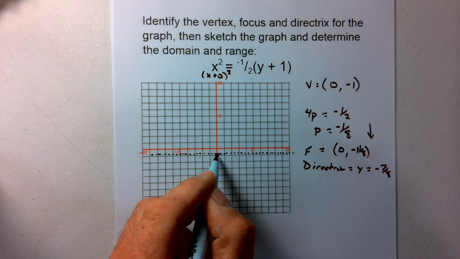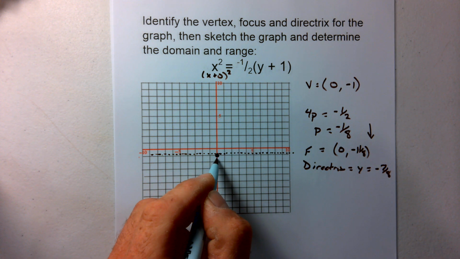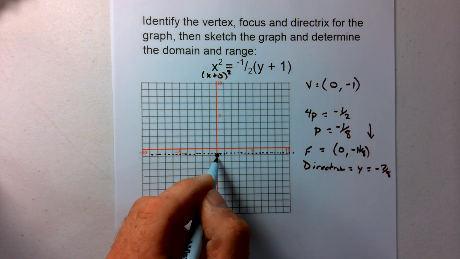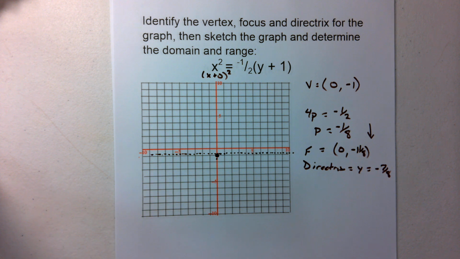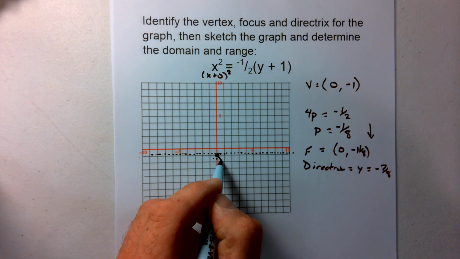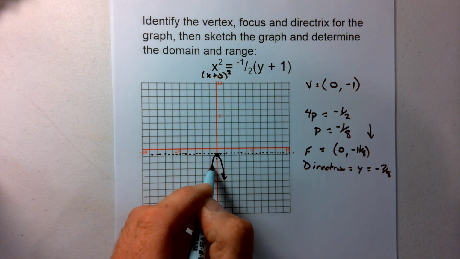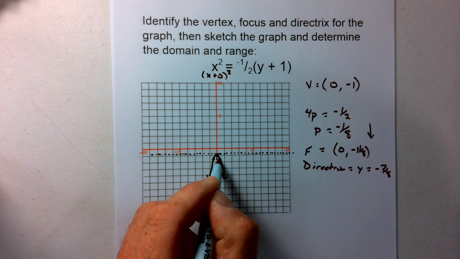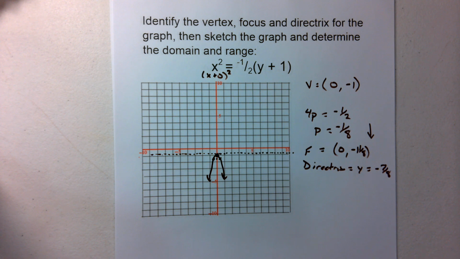We can go ahead then, get the distance from the directrix to the focus. So we have 1/8 plus another 1/8, gives us 2/8 or 1/4. So I can come out 1/4, and that's going to give me what my graph is. Again, that's kind of an estimation. As long as I see that those points should correlate fairly closely, we'll be good.